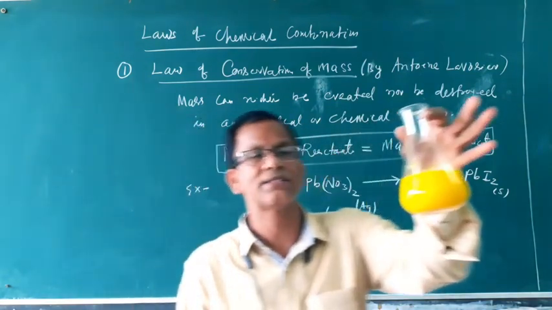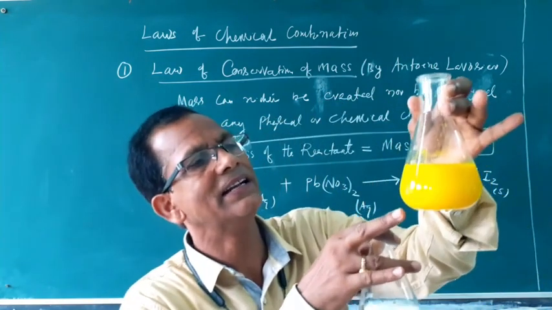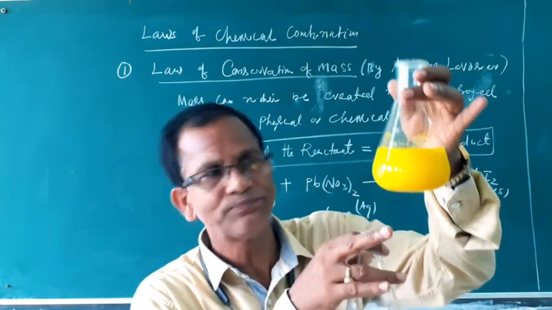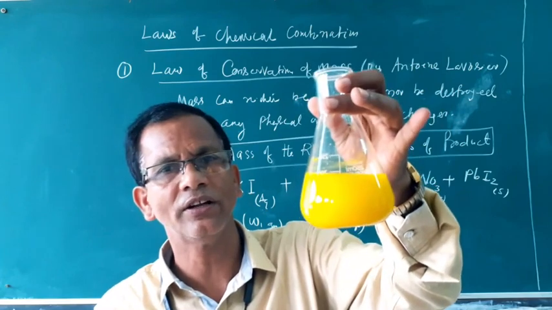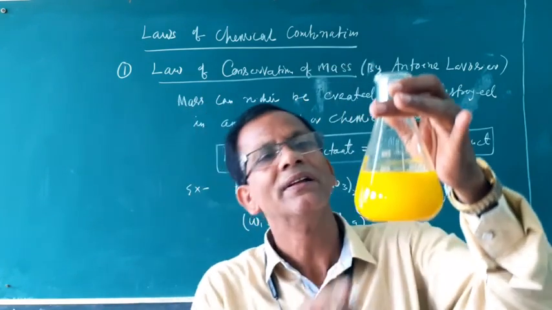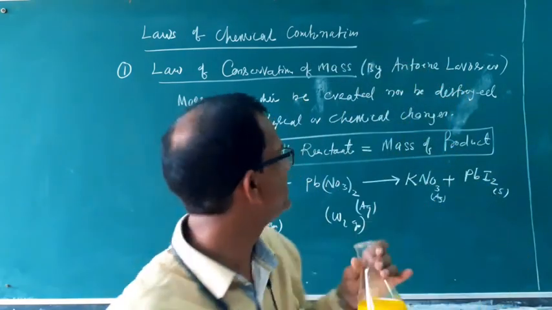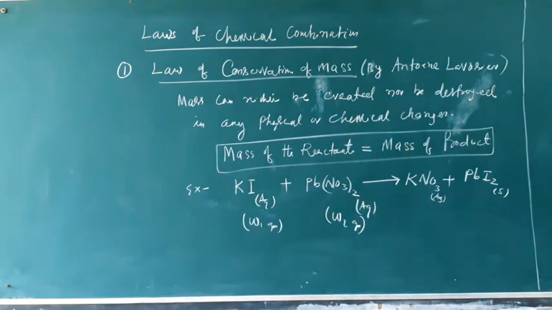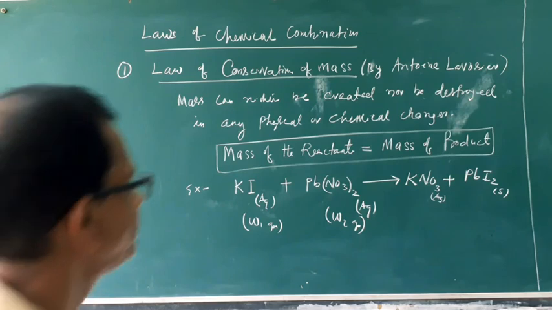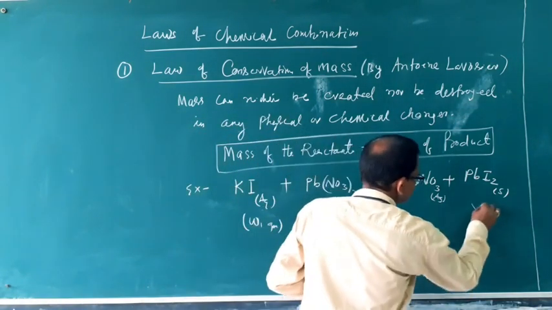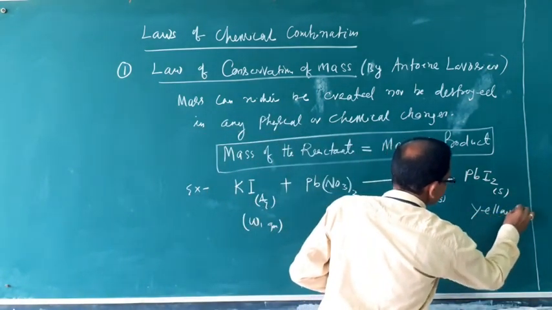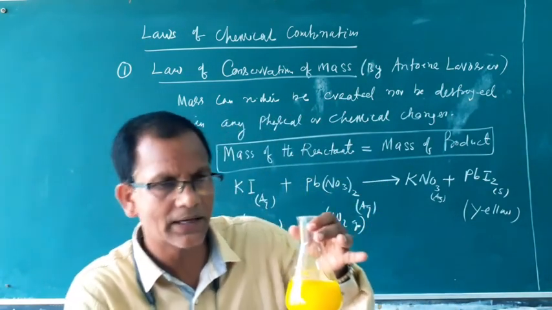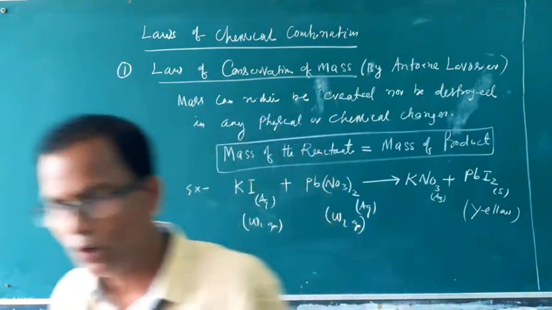But the yellow mass obtained slowly settles at the bottom of the container. This yellow mass is lead iodide. It will settle down after some time.